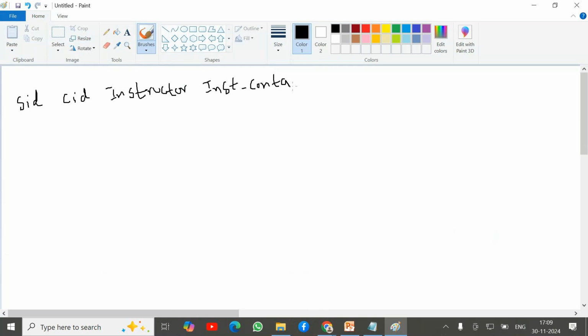This is one table. For suppose, student ID 101, course ID 1, instructor name is Shiva, instructor contact number.